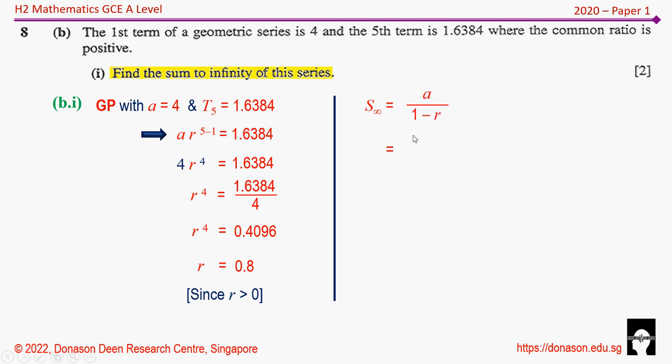So we're going to use that formula. A is the first term, which in this case is 4, and the common ratio we have already worked out is 0.8. So 4 divided by 1 minus 0.8, and that's going to be 4 over 0.2, which simplifies to 20. So if you keep adding it up all the way to infinity, the total sum would be just 20. So there we have the sum to infinity of the series.